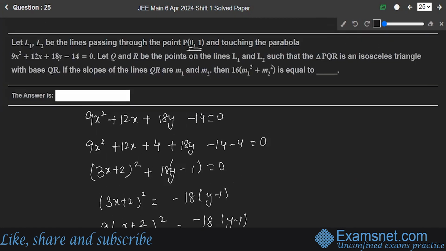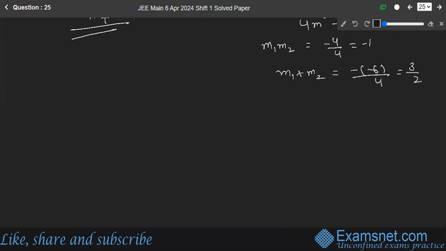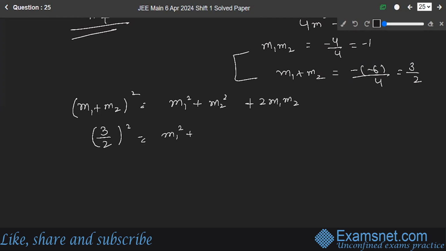Right, what I had to find out in the question is m1 plus m2 square. Okay, so I got m1 plus m2 and m1 into m2. m1 plus m2 whole square is given by m1 square plus m2 square plus 2 m1 m2. Okay, and this is 3 by 2 square, so m1 square plus m2 square is 9 by 4 plus 2, or you have 17 by 4.